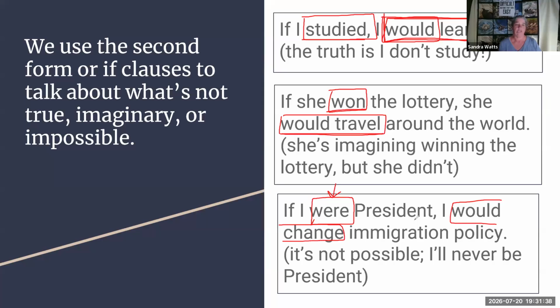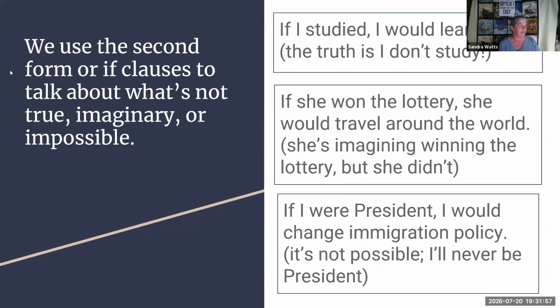Correct. Because will is yes, sure. Will is true. And this is not true. Not sure. Not happening. So it's one of those, it depends. If is one of those very small words in English that has a lot of meaning.